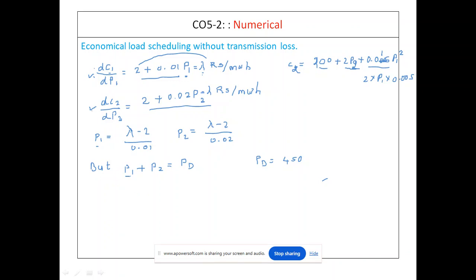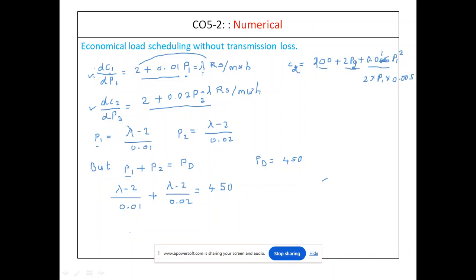Okay, so now substitute the equations over here. (Lambda minus 2) divided by 0.01 plus (lambda minus 2) divided by 0.02 equals 450. Now you can take an LCM over here.